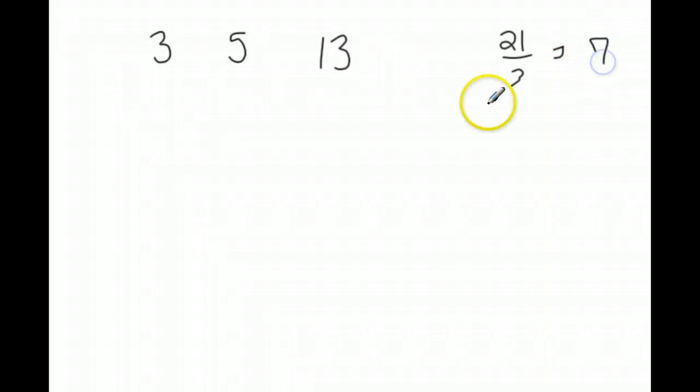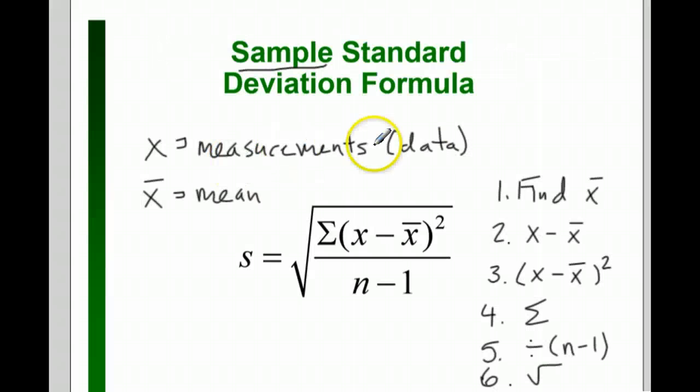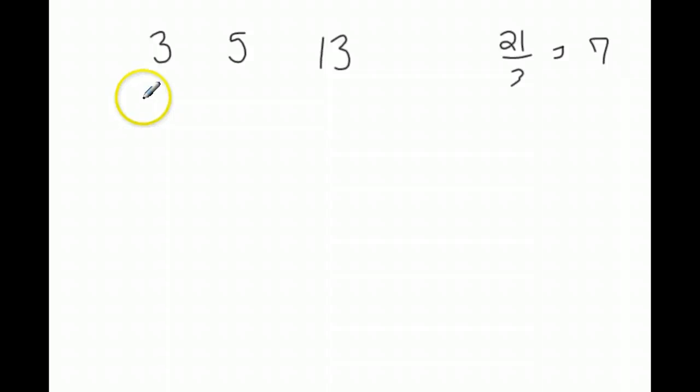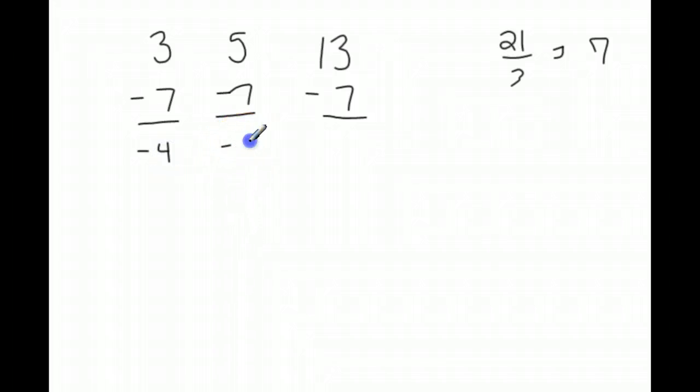So that's 7. The mean is 7. The next step says to take each measurement and subtract the mean. So I'm going to subtract 7 from all of these values. So I get a -4, a -2, and a 6.